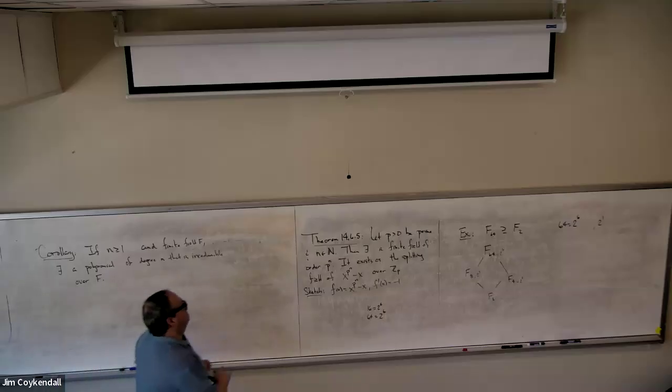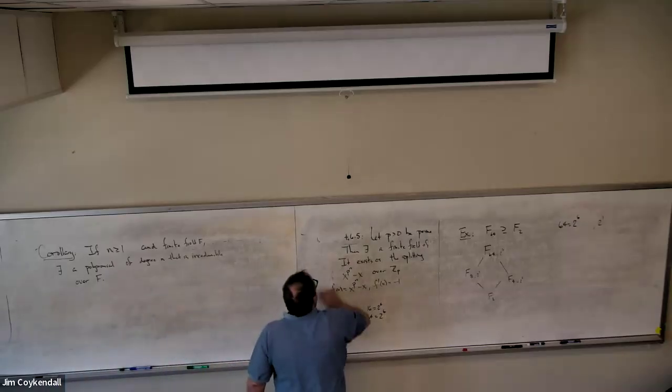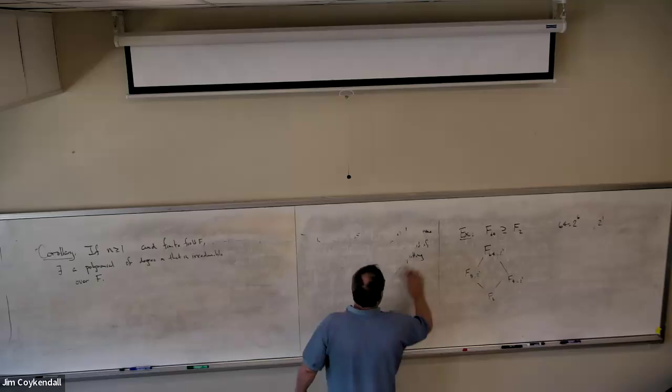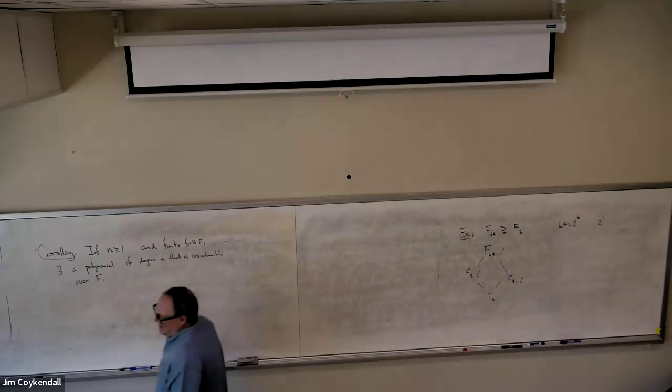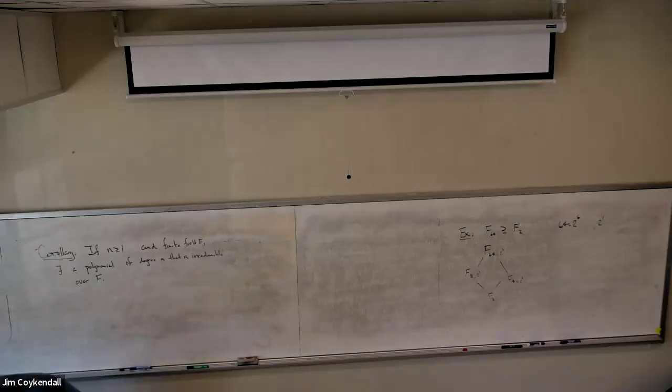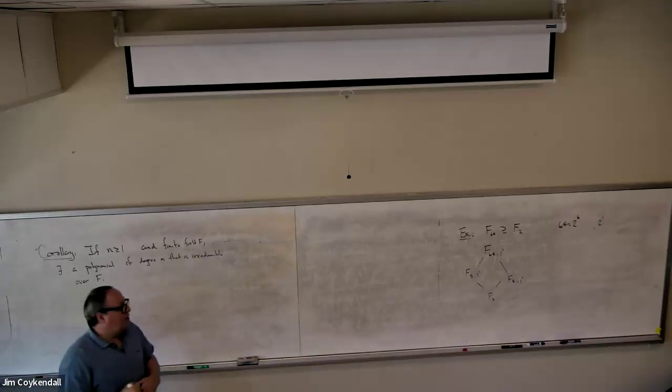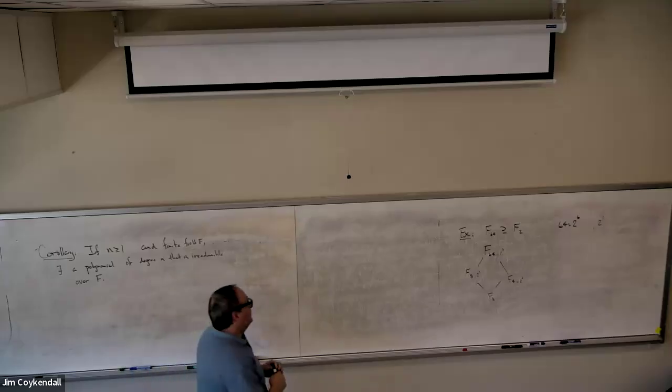Okay. Let me kind of go through why this is true. This is kind of a fun one. So let me point out also that the quadratic polynomials over Z2 come as close as possible to failing without failing.